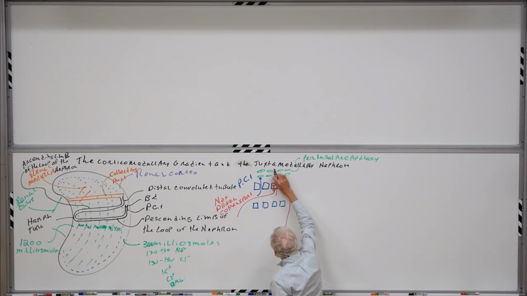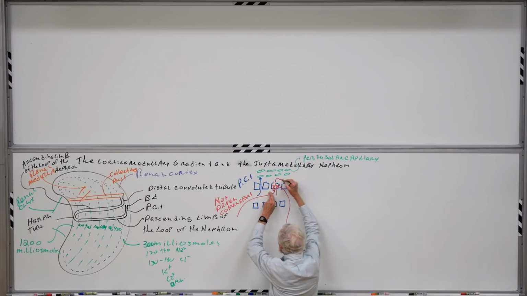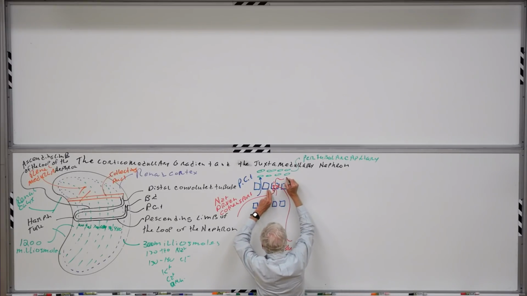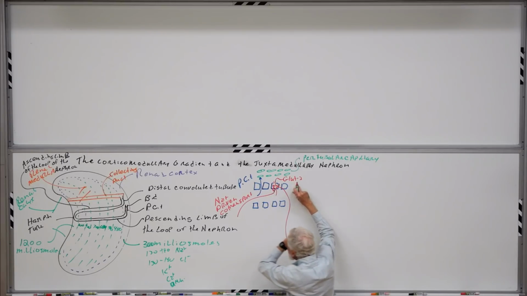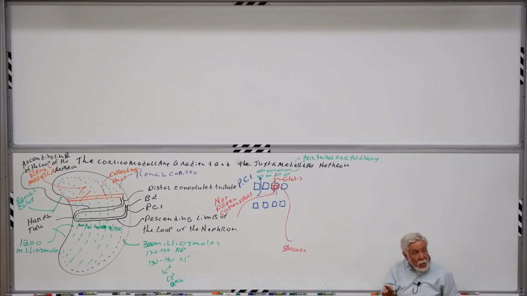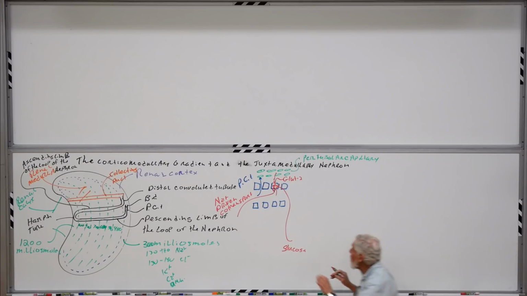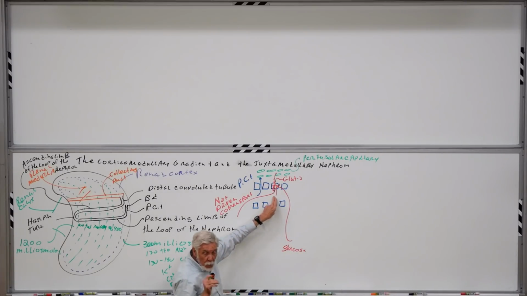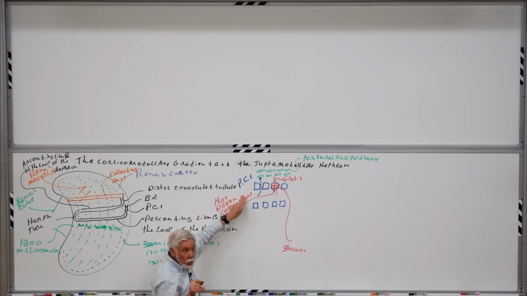But then on the basolateral side of this membrane, we said that there is a specialized transporter called GLUT2. This is a facilitated transporter. It allowed simply for the glucose to flow out and back into the blood. The only place where we have these sodium-driven co-transporters for glucose is in the proximal convoluted tubule.